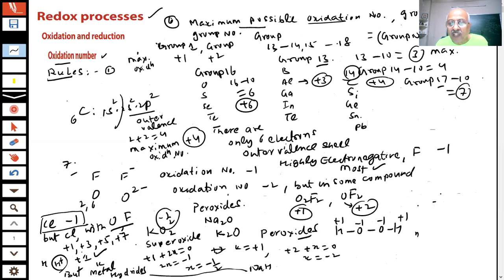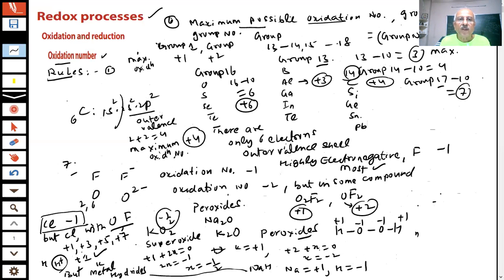It will give the electron. Sodium is +1 oxidation number. What will then be the oxidation number of hydrogen? -1. So hydrogen is +1, but if it is attached with metals, then it will become -1. Yes or no? Do you have any doubts, student, here?